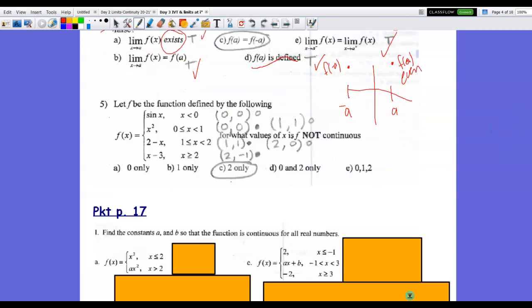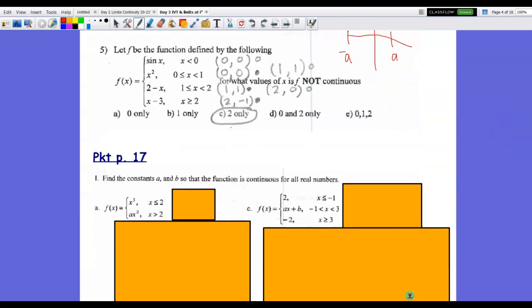Moving on to number 5. This is forcing continuity. So I have 4 pieces of a piecewise function, and I have a breaking value at 0, a breaking value at 1, and a breaking value at 2. So I'm just going to go x value by x value.